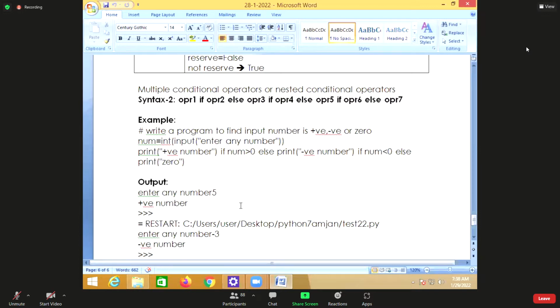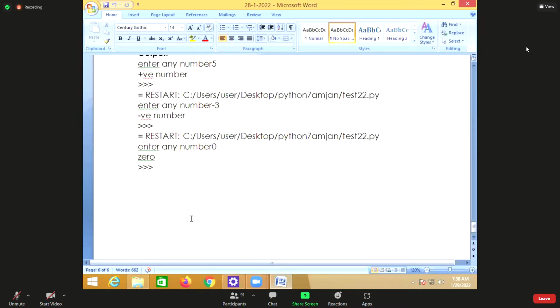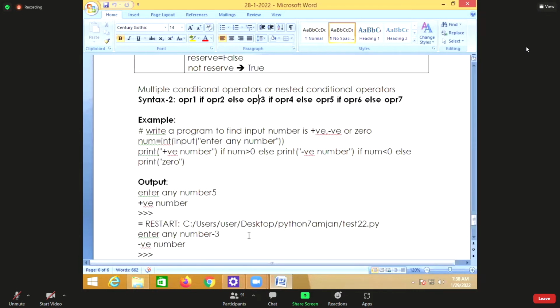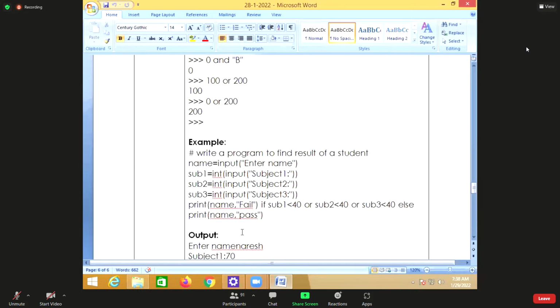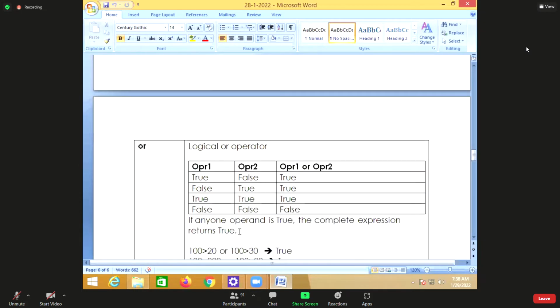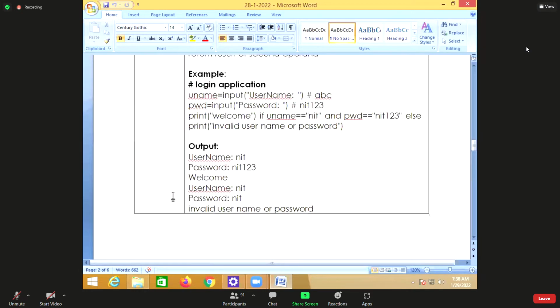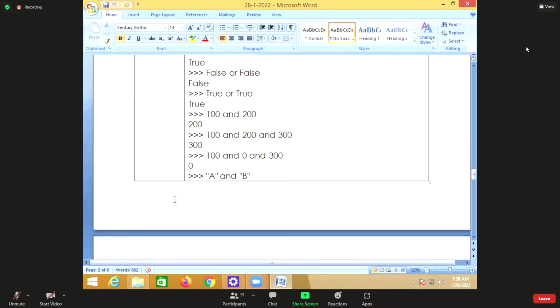Okay, so in the last class, we have seen how to work with this. There is AND operator, OR operator, and NOT operator.